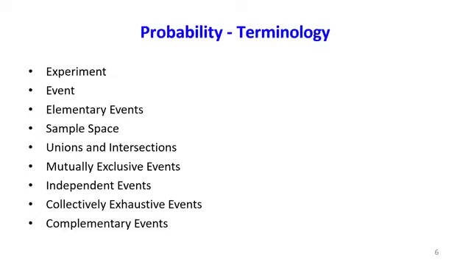For example, if I want to find out whether a particular vehicle in a particular condition will break down or not, I will take that vehicle and use it in that condition.